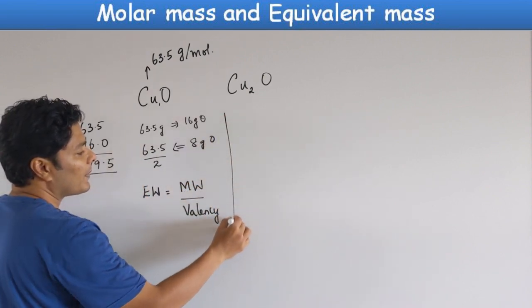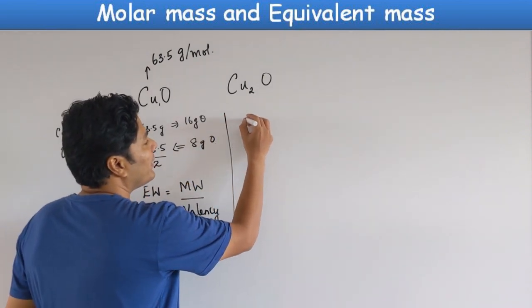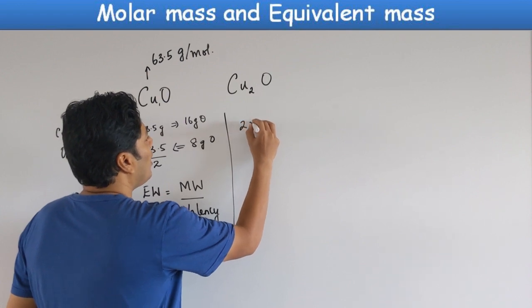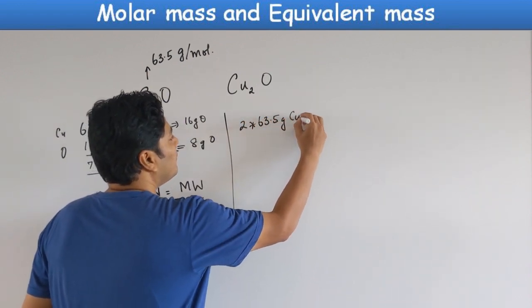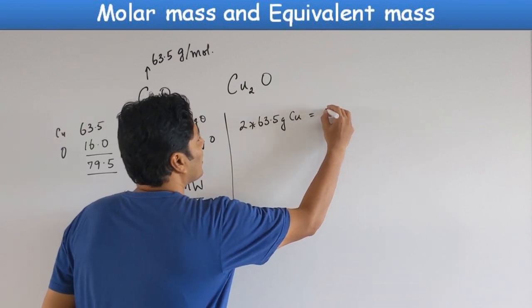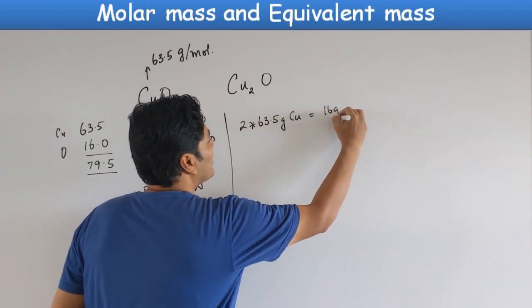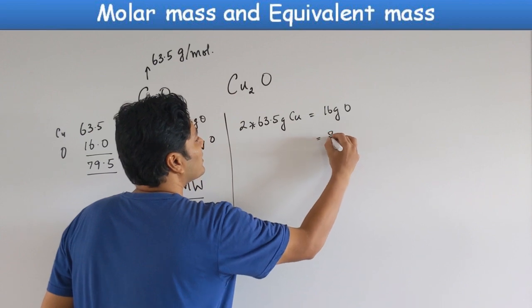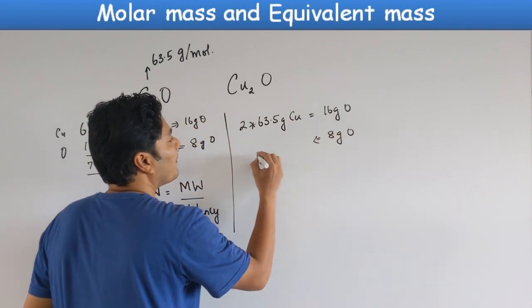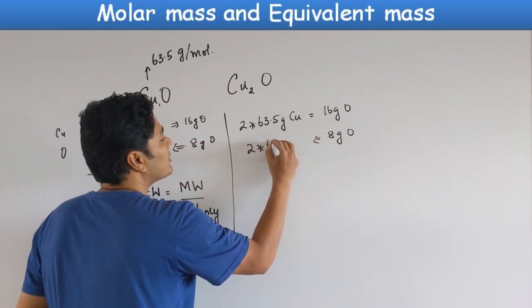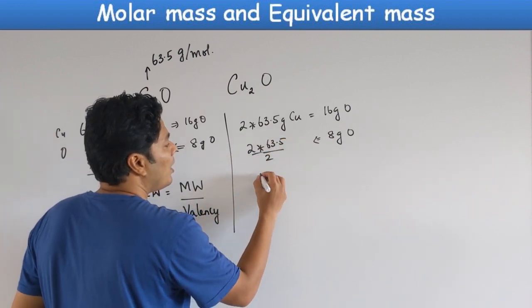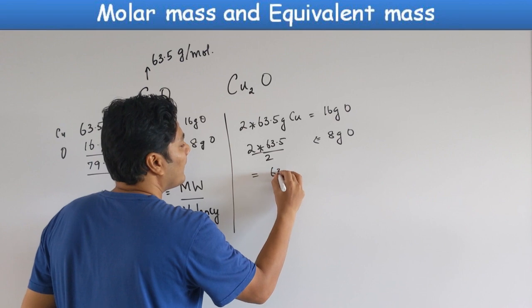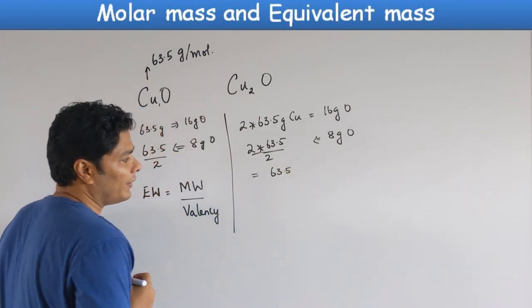Looking at the other one, Cu2O. Now what we can say is 2 times 63.5 grams of copper combines with 16 grams of oxygen. So how much combines with 8 grams of oxygen? 2 times 63.5 divided by 2, that equals 63.5.